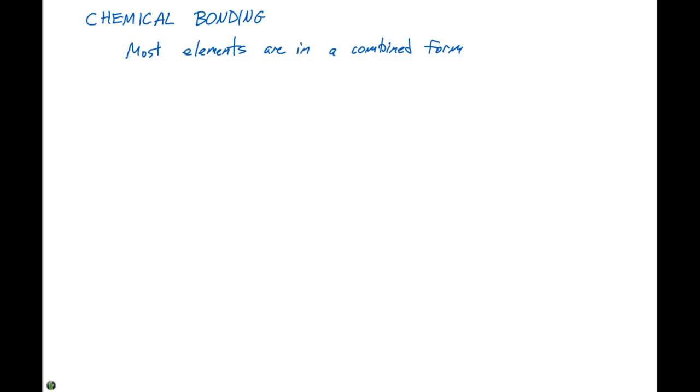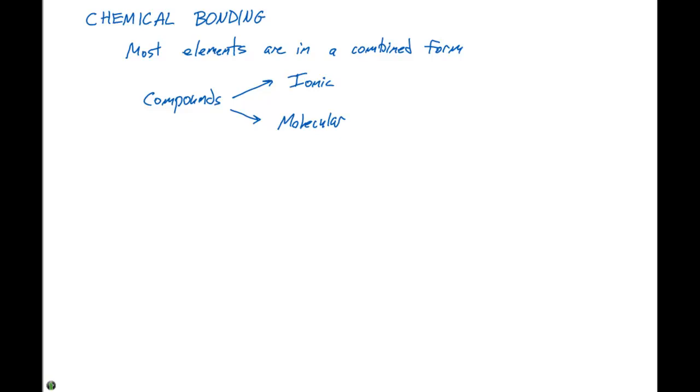So if we look at our compounds or molecules, we can break them down into two main categories. And the bonding that happens in these categories are ionic and molecular.